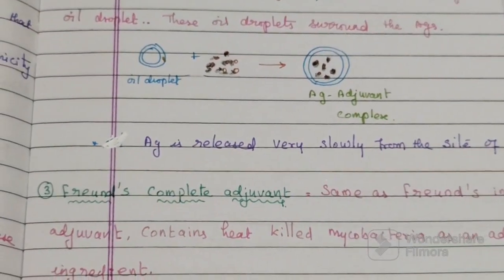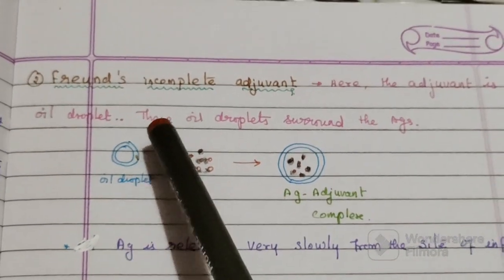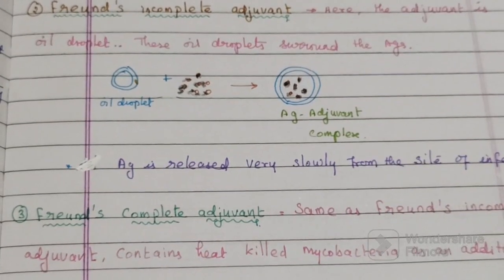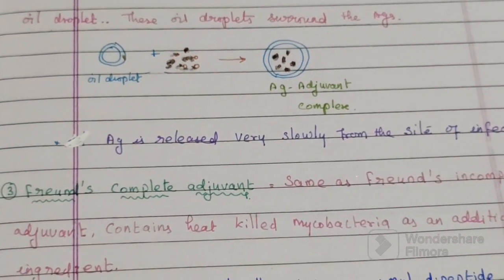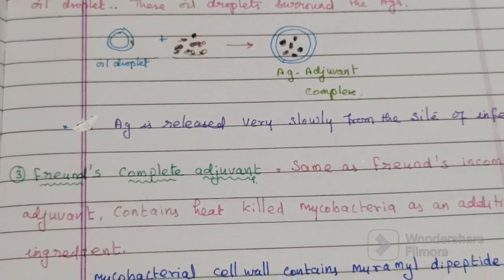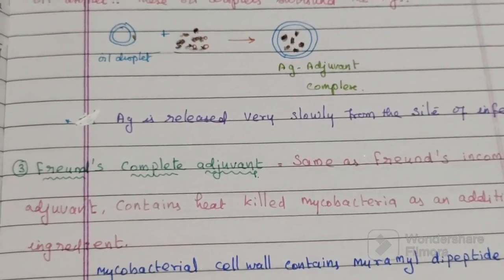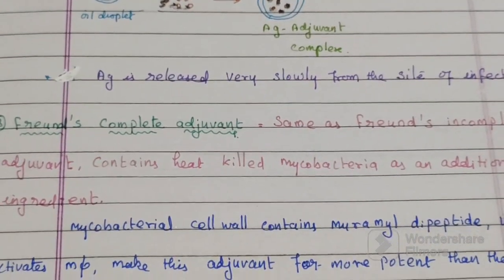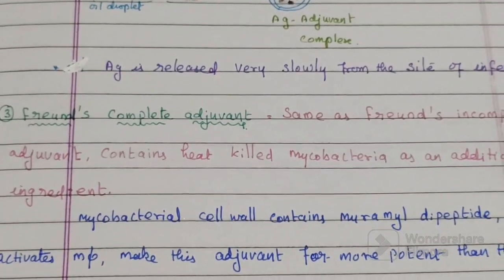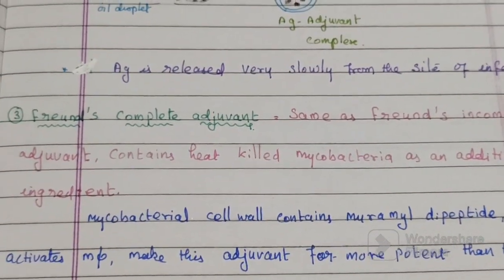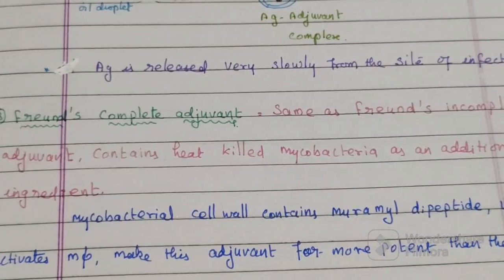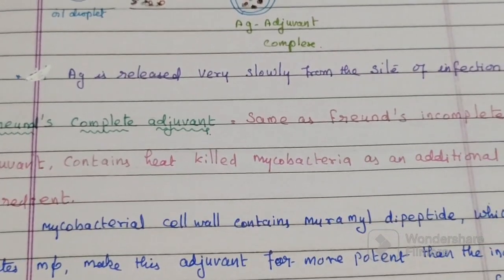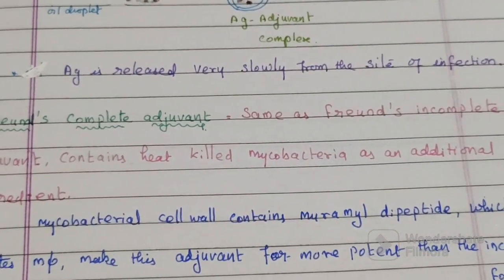The third one is Freund's complete adjuvant. The second one was Freund's incomplete adjuvant, and this one is Freund's complete adjuvant, one more type of adjuvant. It is the same as Freund's incomplete adjuvant, but it contains heat-killed mycobacteria as an additional ingredient.